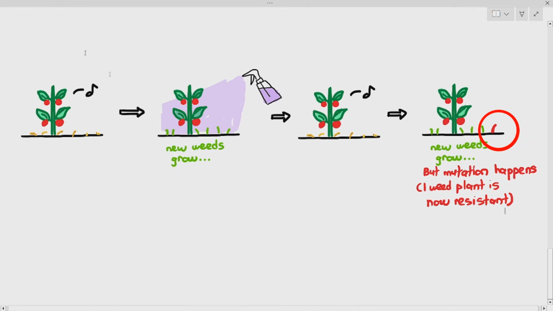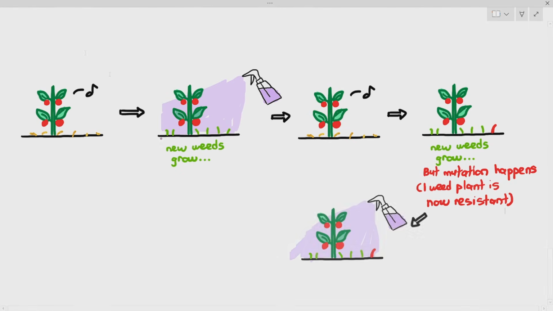So now, most of the weeds are non-resistant to herbicides, but one of the weeds is resistant. What happens when you spray the herbicide? Yes, it's fine. Most of the weeds will die, except the herbicides will now act as a selection pressure. What does it mean by acting as a selection pressure?